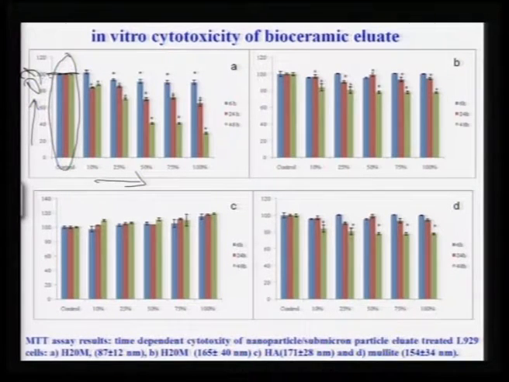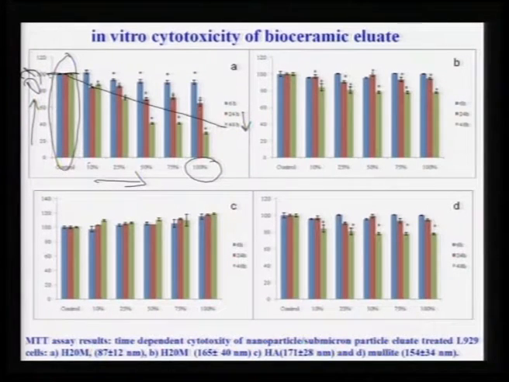The moment you add the 10% to 100% concentration of the hydroxyapatite mullite particulates, what happens? You see after 24 or 48 hours the optical density decreases steadily. That means the cells are becoming less and less viable. Okay.